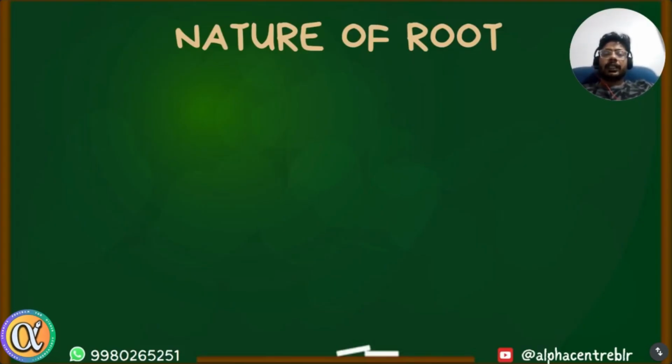How do we determine nature of roots? It's important that we understand what root means and what we mean by nature of roots. Now, if you remember, in the beginning I gave you an example of a quadratic equation: x squared plus 5x plus 6 is equal to 0. And then I asked you to test with two values of x, which means x is minus 3 and minus 2.